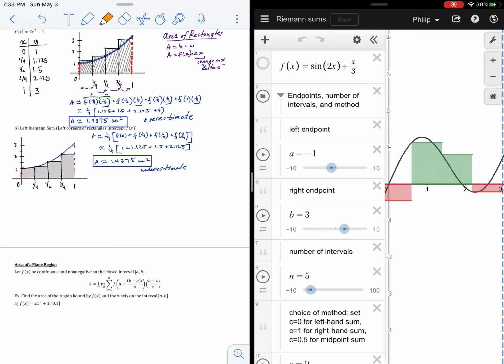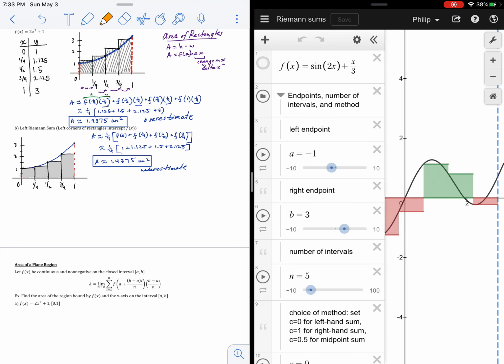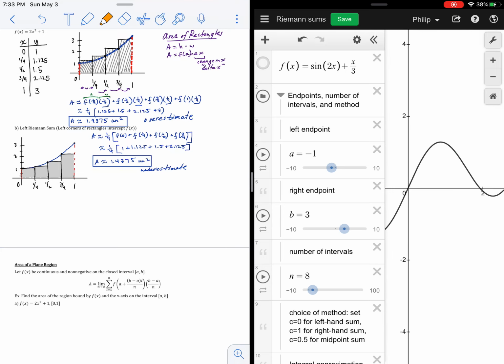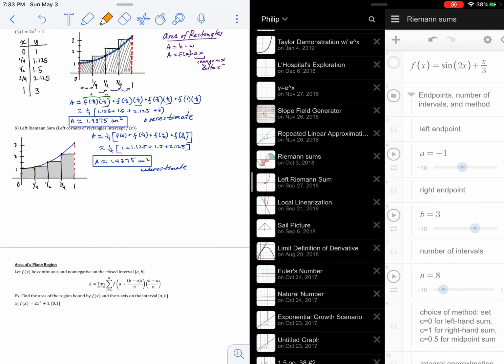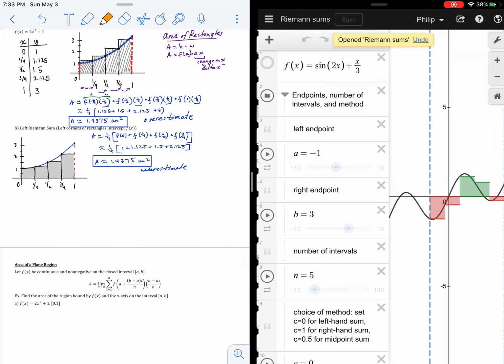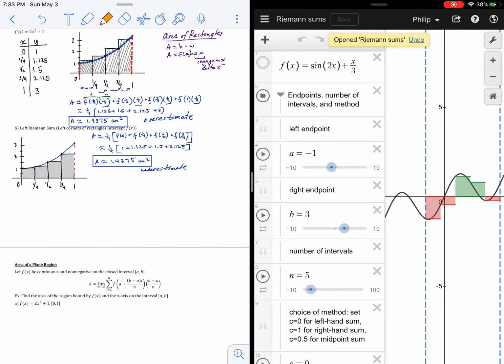Right now, from -1 to 3, we're only using 5 rectangles. What if I were to increase the number of rectangles from 5 to... Oh, what happened here? Let me go ahead and reload that one. I'm not exactly sure what happened.